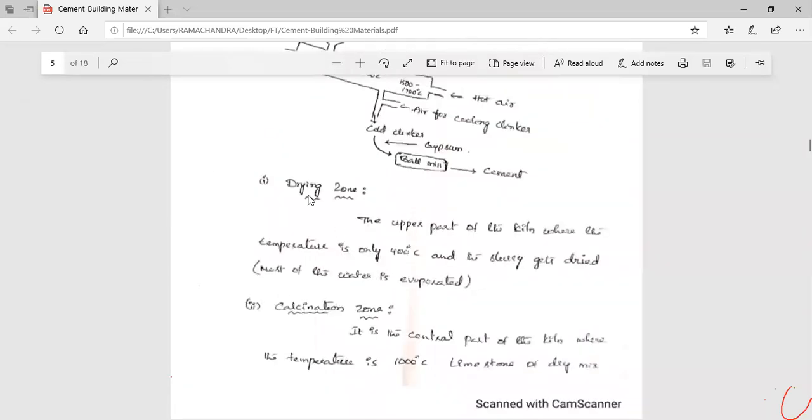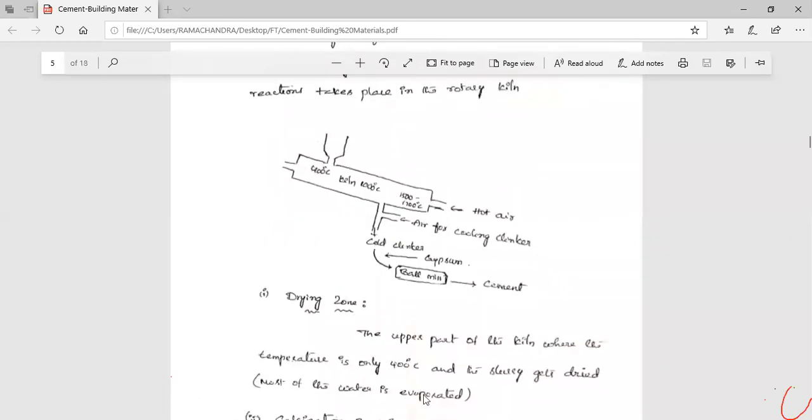The first one is the drying zone. This is the upper part of the kiln, where the temperature is only 400 degrees Celsius. Here we use 400 degrees Celsius as the temperature, and the slurry gets dried. For example, we take the wet process.